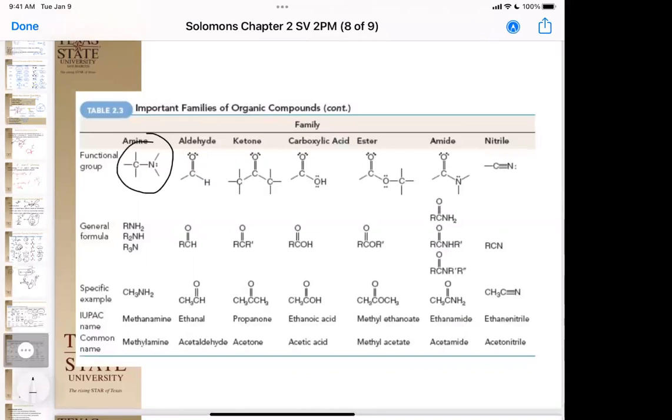Carbon oxygen with a sigma and a pi bond, giving us this functionality. And the carbonyl hydrogen is our aldehyde. The carbonyl with 2 carbon bonds to it is our ketone. Okay, so that's kind of like the hydrocarbon derivatives of the carbonyl. Carbonyl hydrogen, aldehyde; carbonyl, carbon only, ketone.